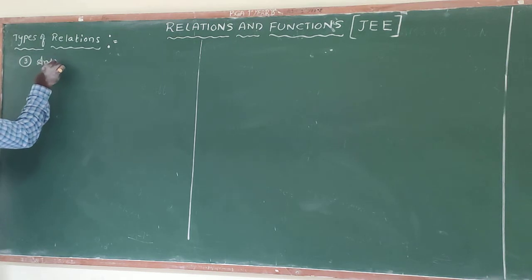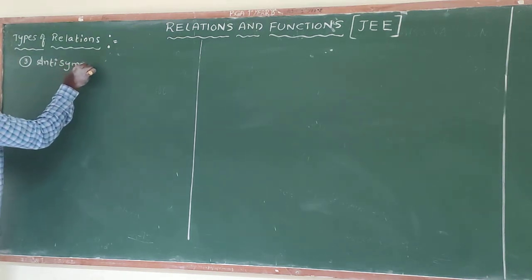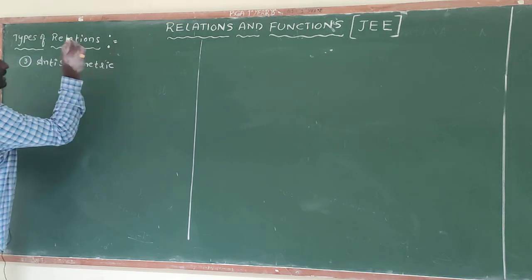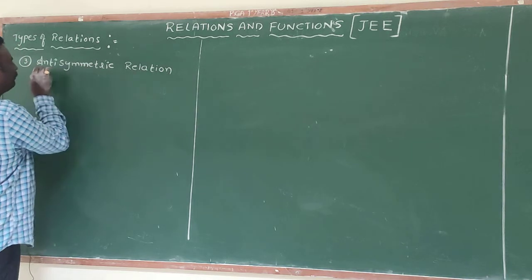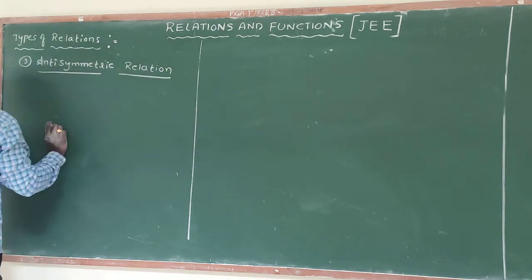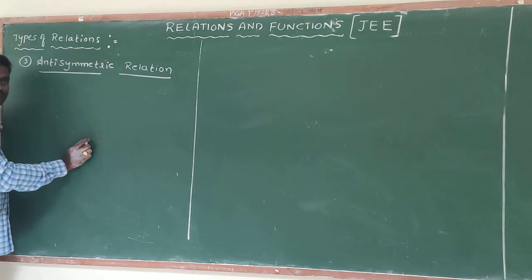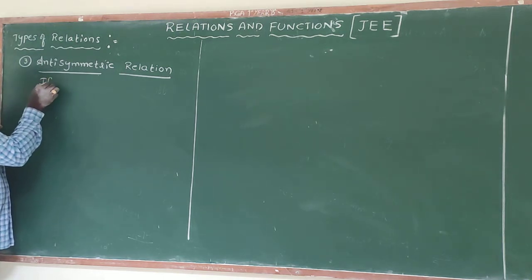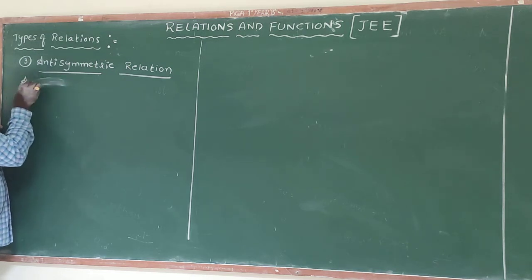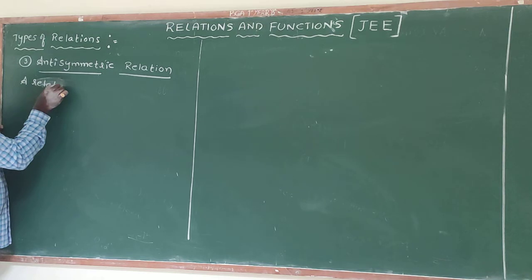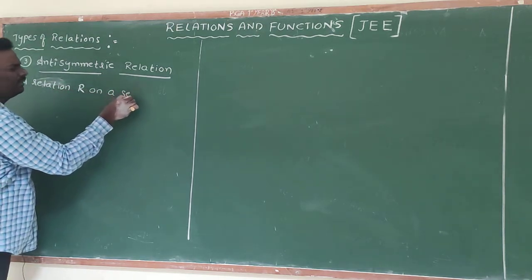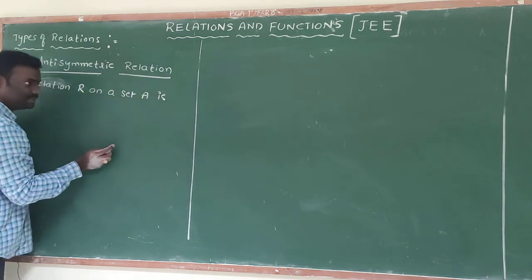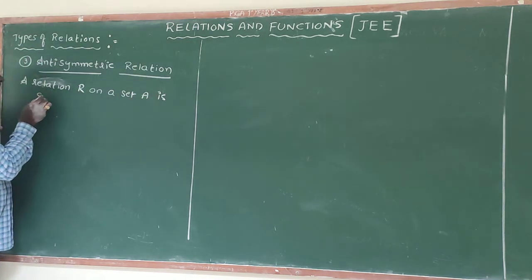Coming to the third one, that is anti-symmetric relation. What is meant by anti-symmetric relation?